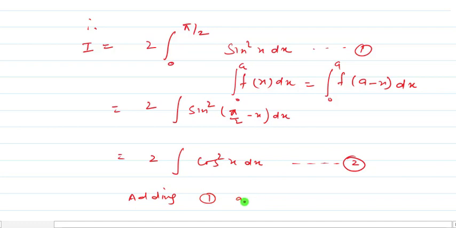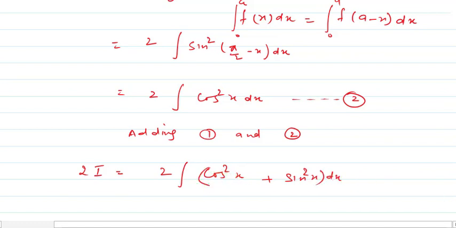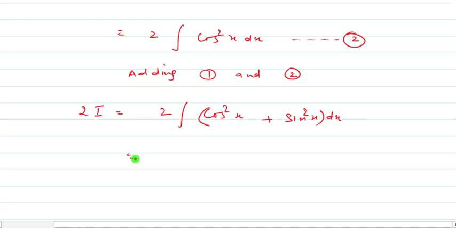So adding 1 and 2. Now the question will proceed just as we have done in the previous video. So 2I is twice of, inside we will be left with cos square x plus sine square x dx. What is cos square x plus sine square x? It is 1.